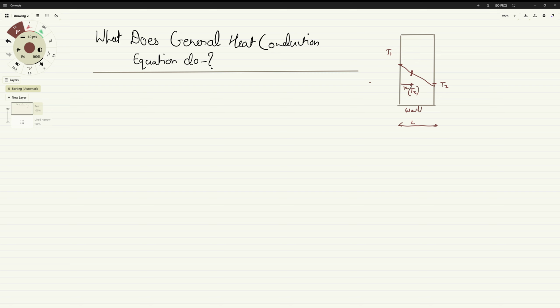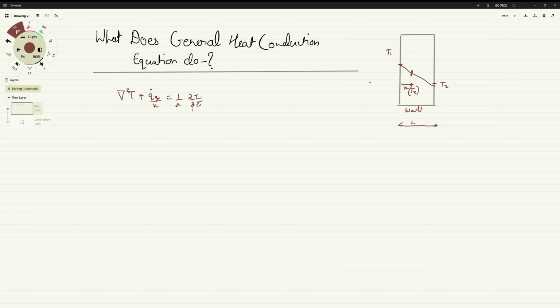So to calculate T(x), which is the temperature at distance x on this wall, we can use the general heat conduction equation, which is del square T plus q dot generation upon k is equal to 1 upon alpha into dou T upon dou tau. This was the general equation.